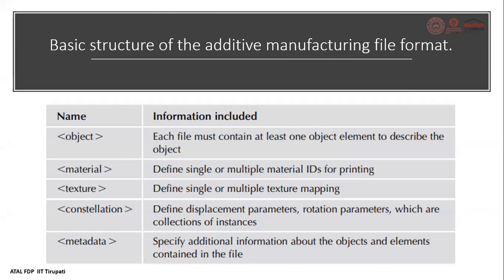When we look at the basic structure of the additive manufacturing file format, you see objectives. Each file must contain at least one objective element to describe the object. Then material: single or multiple material IDs for printing. Then you will have a single print defined by single or multiple texture mappings, and then multiple displays.